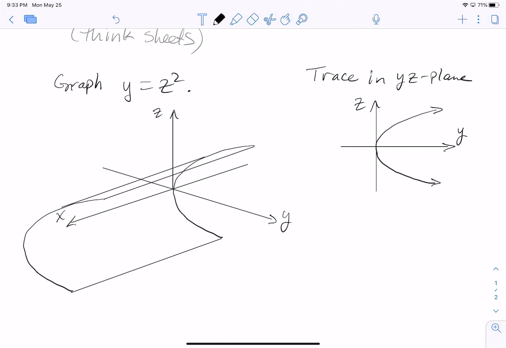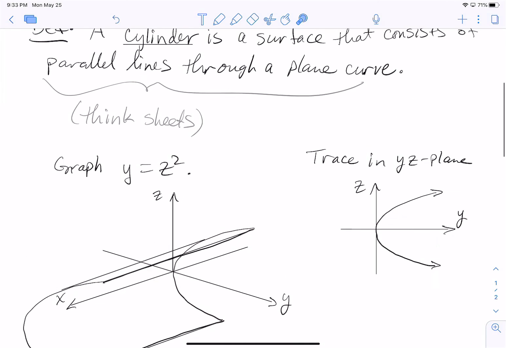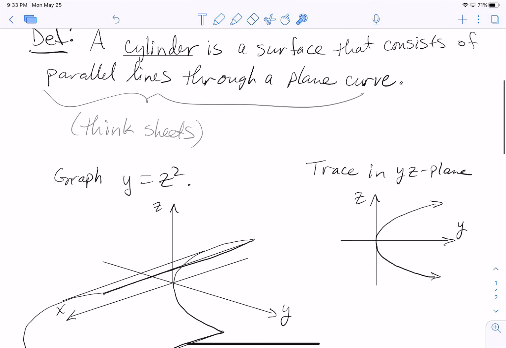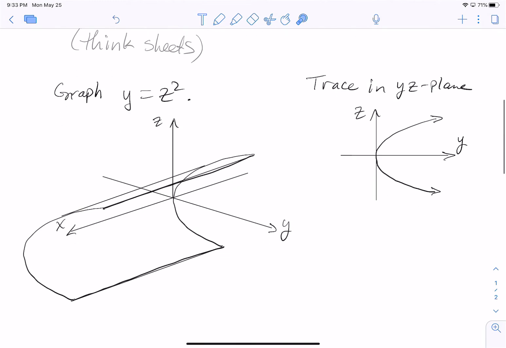There, that'll work. And what we've now got is some parallel lines that are going through a plane curve, that plane curve being the parabola in the YZ plane. And that meets, well, this is starting to meet the definition, a surface that consists of parallel lines through a plane curve. Let me draw a few more of them.